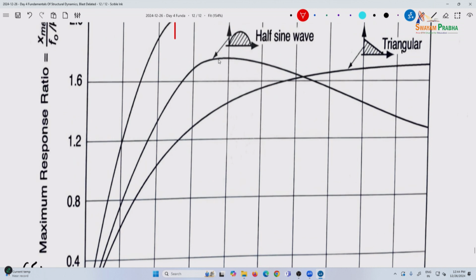What is the maximum value it goes to? Roughly 1 point something, so it is less than even 2 for triangular loading. Similarly, if there are rise times or other types of scenarios, you can develop that.